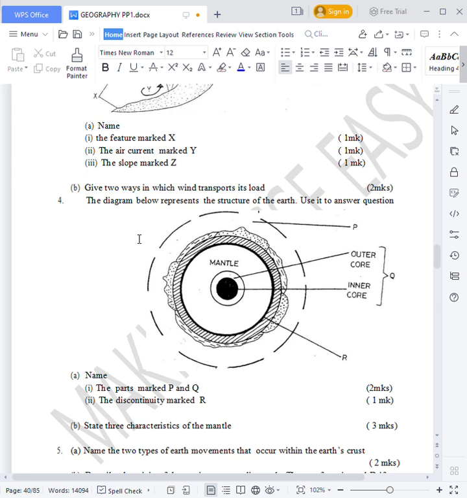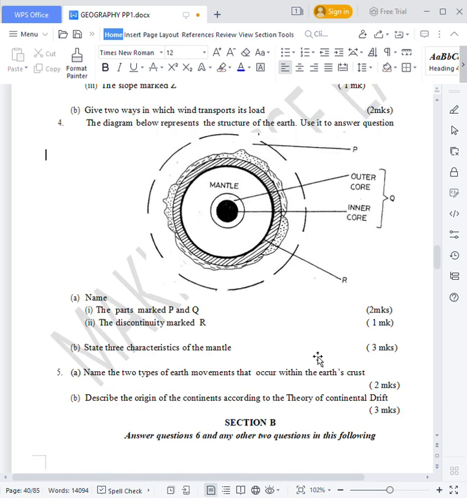You are then asked for the name of the discontinuity marked R. It is the Gutenberg discontinuity. Part B of the question is, state three characteristics of the mantle.